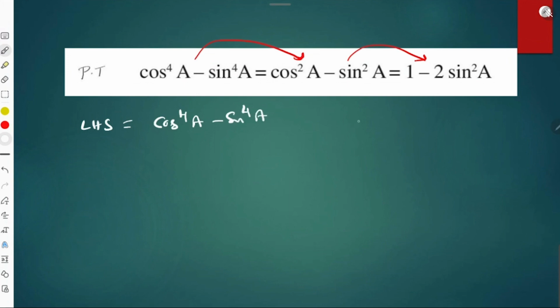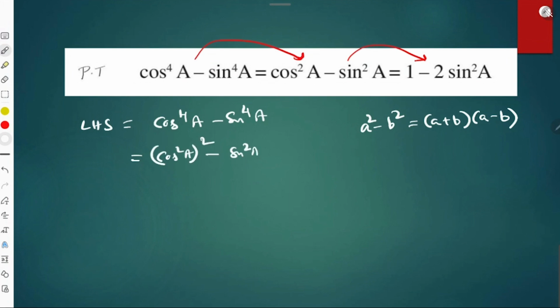The identity we use here is A square minus B square is A plus B into A minus B. So here, in place of A, we can write cos square A whole square minus sin square A whole square.